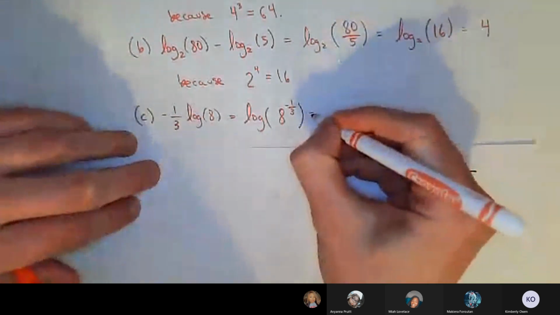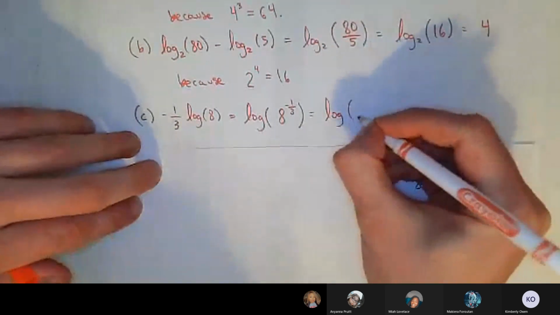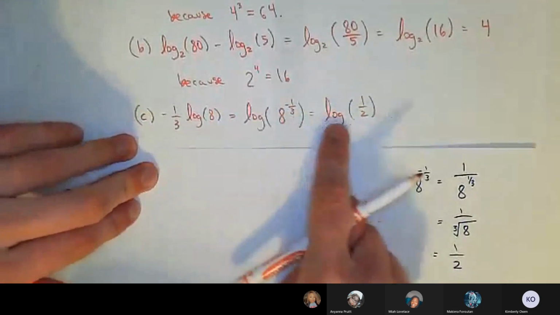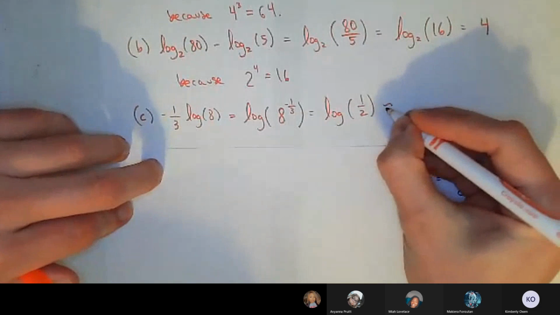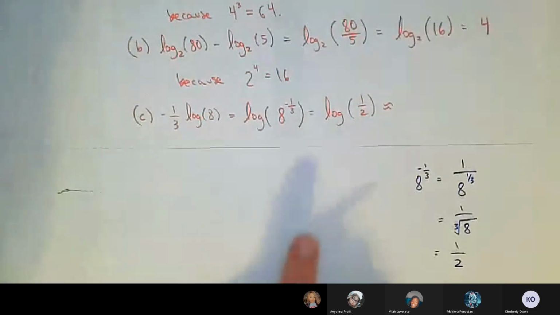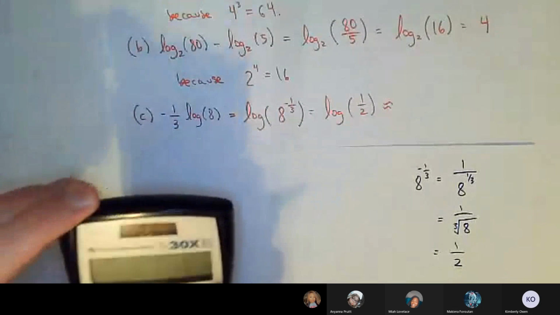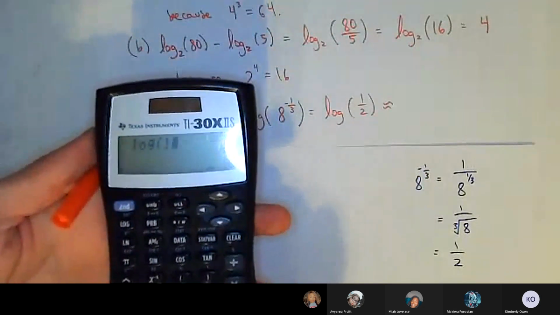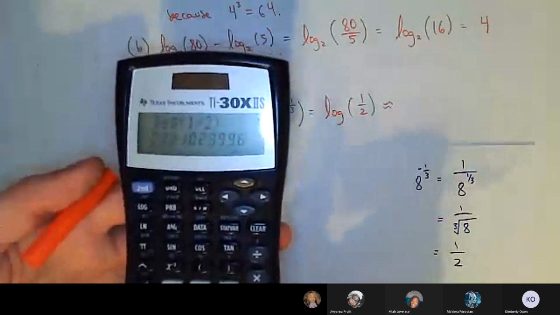So that means that this turns into log of 1/2, because this terrible 8 to the -1/3 just actually cleaned up very nicely into a log of 1/2. And now, since this is a nice log that has a base that can be plugged into the calculator, I can just say log of 1/2, and it's going to give me the same answer I got a second ago, right?